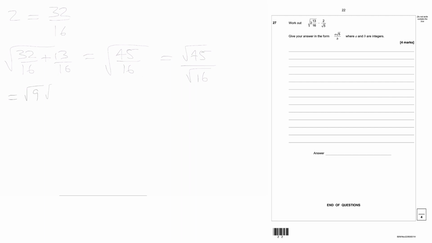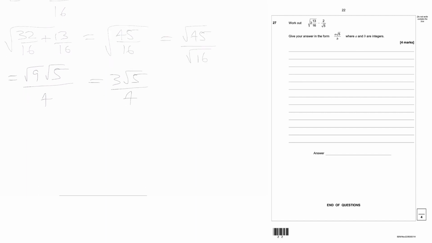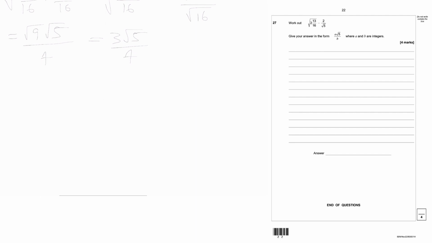So we can simplify this, and we can rewrite root 45 as root 9 times root 5, and then root 16 is just 4, and then root 9 is 3. So substituting this in, I now have 3 root 5 over 4 minus 2 over root 5. So what I want to do now is try and eliminate this surd from the bottom.